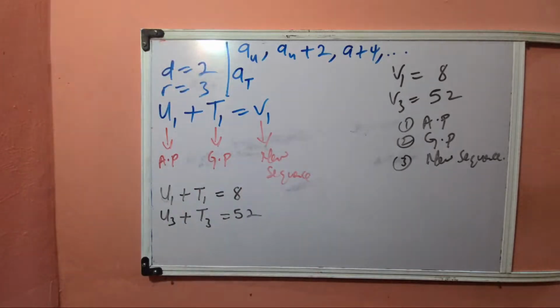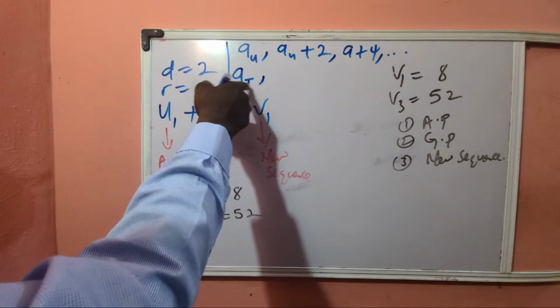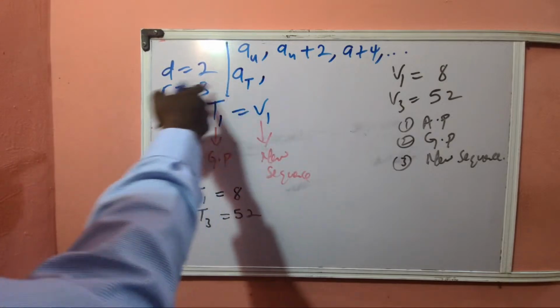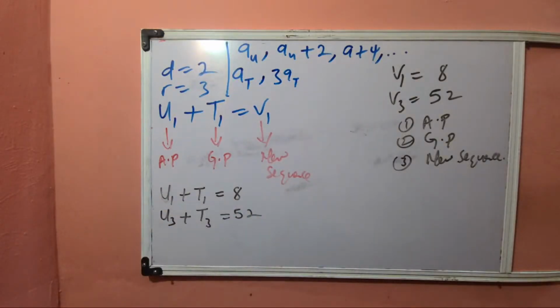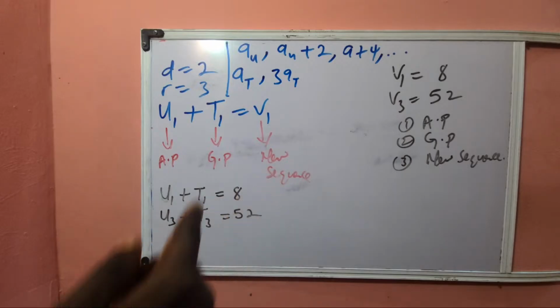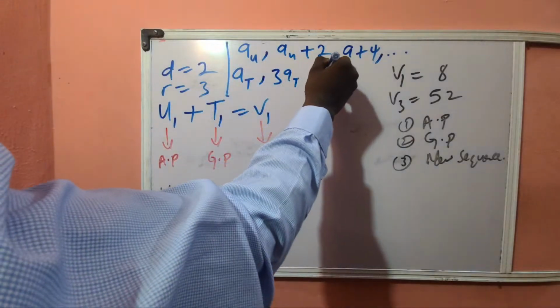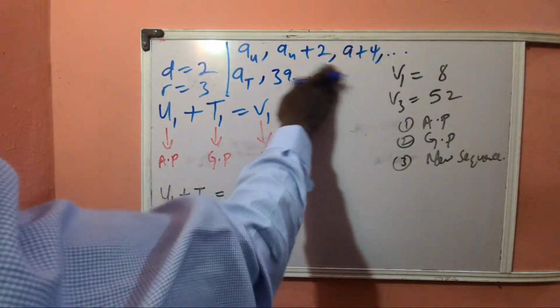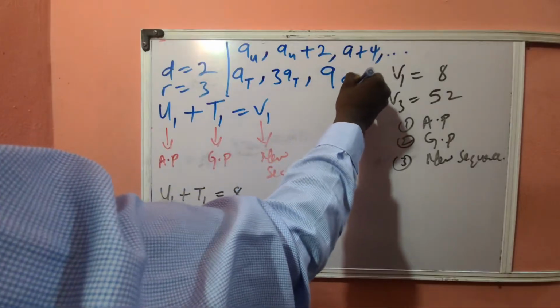So in this next case now we have A times R. So that will be AT, the first term of the GP, times 3. That will be 3AT. Of course, the next term will be A times R square. R square here will be 3 raised to the power 2, which is 9. So the third term will be 9AT. Let me write the 9 properly, because we are having 9 AT.